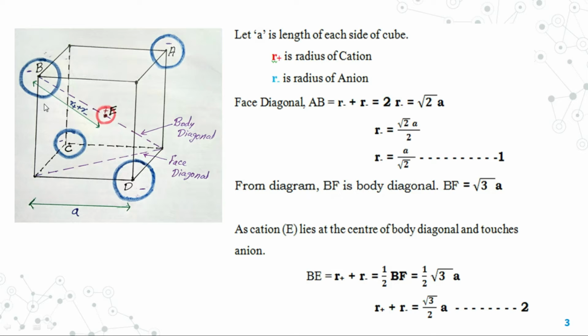This BE is nothing but the radius of the anion plus the radius of the cation, that is R minus plus R plus, which is half of the body diagonal, equal to half of BF. F is this corner particle, so half of BF is equal to BE. As we know BF is root 3 into A, substituting, we get R plus plus R minus equal to root 3 upon 2 into A. Let us call this equation number 2.